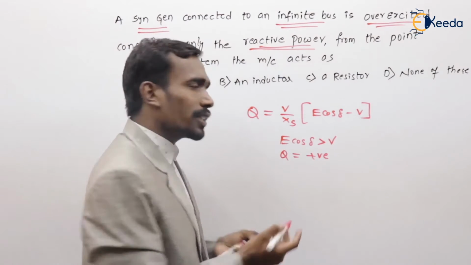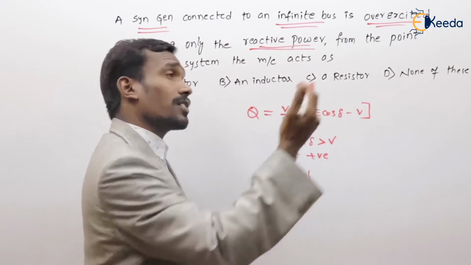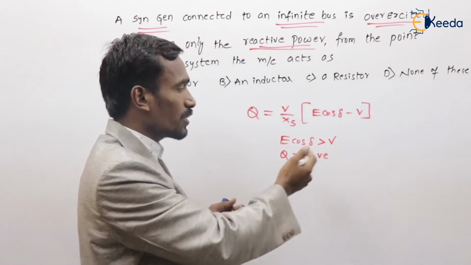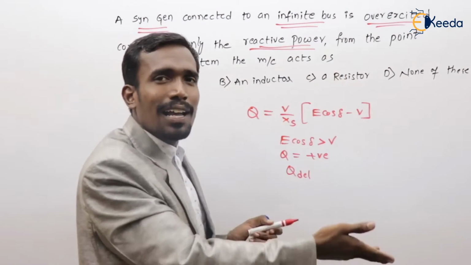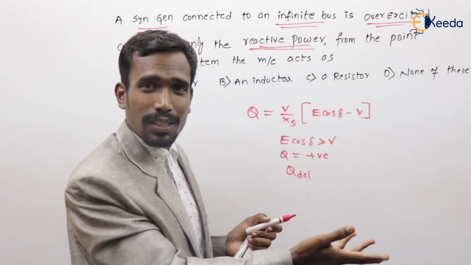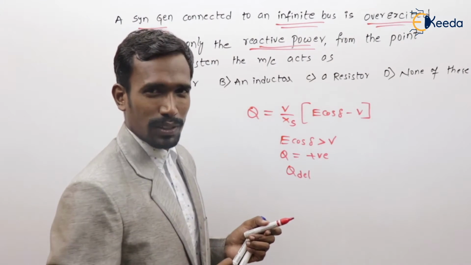If Q is positive, it is delivering reactive power to the system, delivering the lagging reactive power or absorbing the leading reactive power.